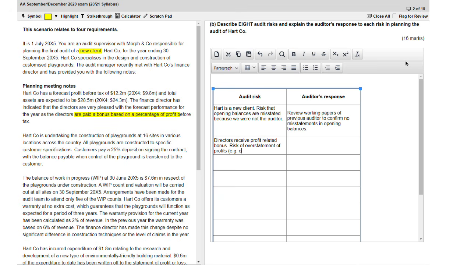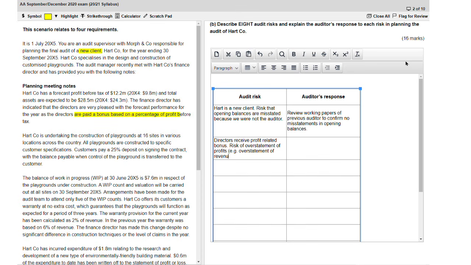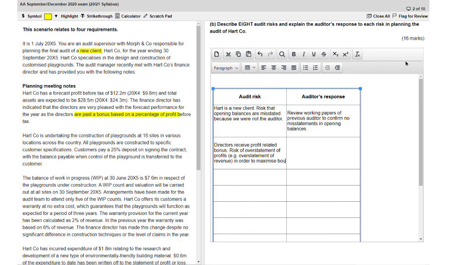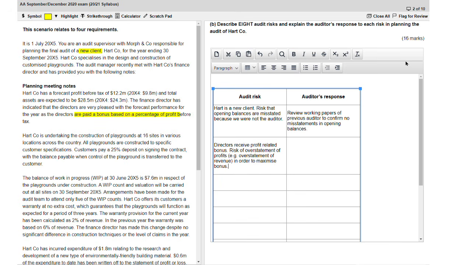E.g., overstatement of revenue, again, in order to maximize the bonus. There we go.